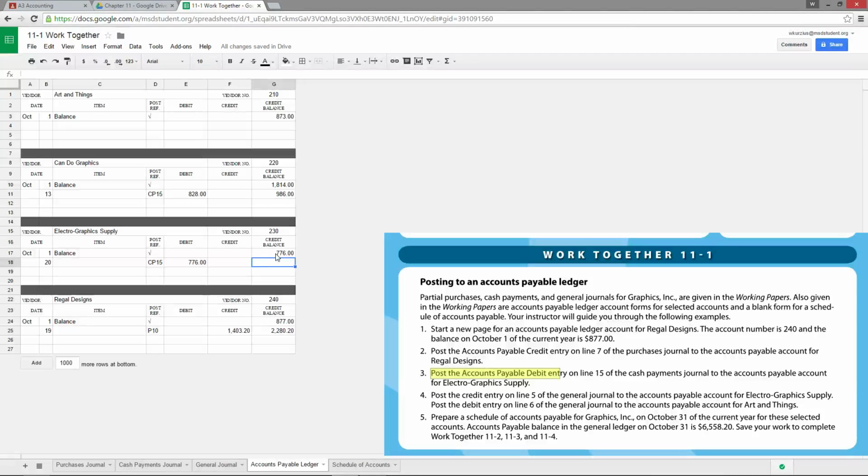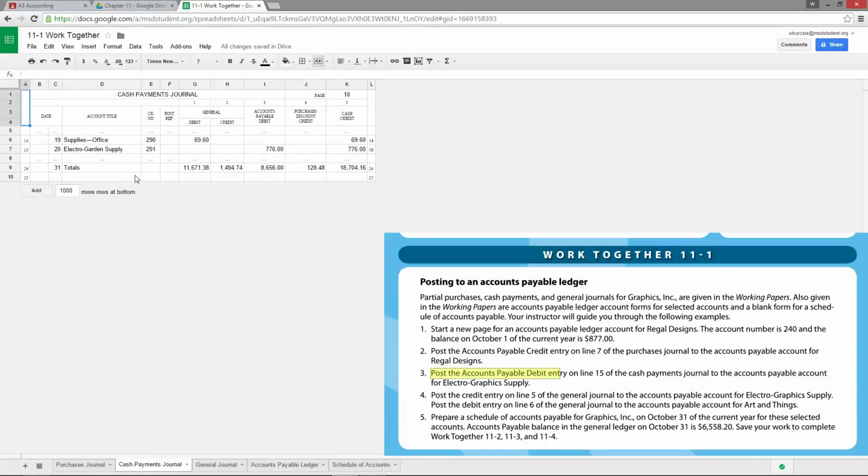And I don't need to do any fancy math here. It's the same exact thing as it was before. So you can put in a 0 if you want. The book sometimes has it as just a straight up line. So I'm going to put a couple lines there just to indicate that it is empty. It's up to you. Doesn't really matter as long as it's clear what you're doing. And now that we're done with that, we're going to put in our post reference in the journal, 230.